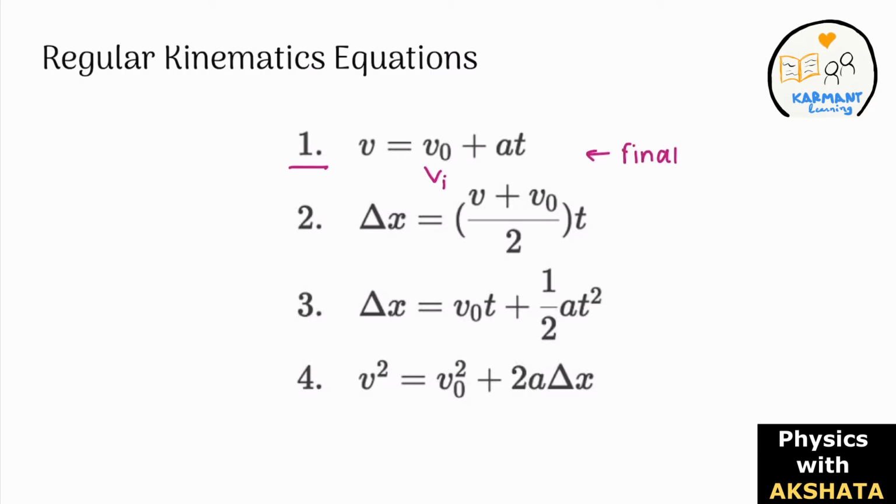In the second equation, we get the change in displacement, which is the product of the average velocity multiplied by time. Our third equation is also one for delta x, except it's in different terms, this time with the initial velocity and acceleration. And our fourth equation gives us the final velocity, the initial velocity plus the product of the change in displacement multiplied by acceleration.